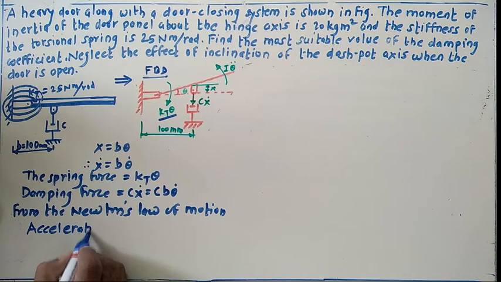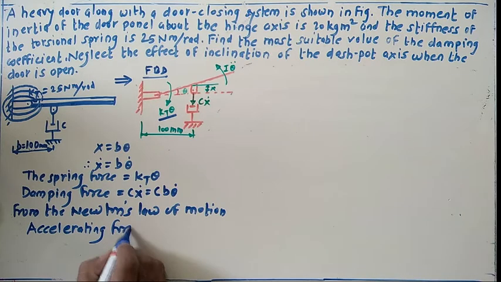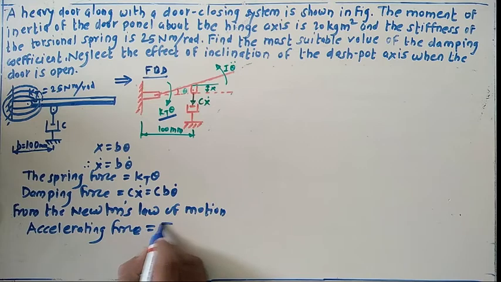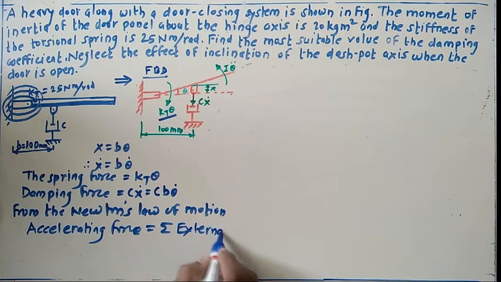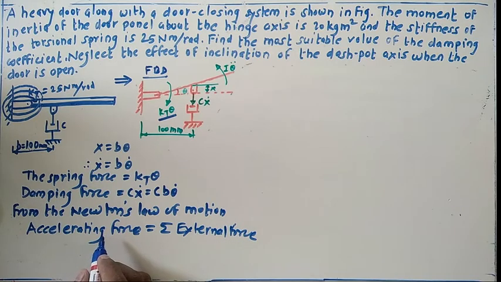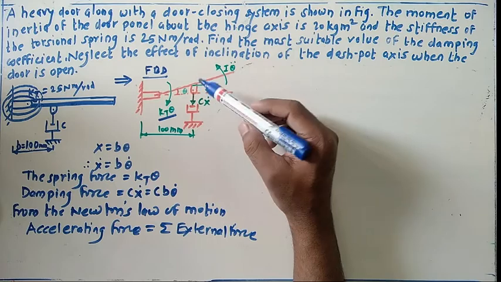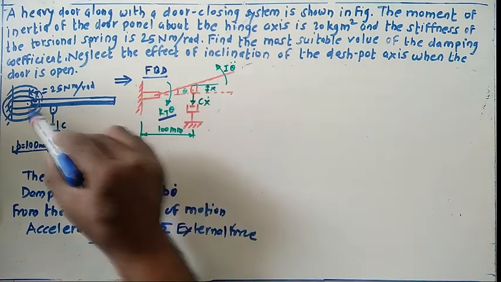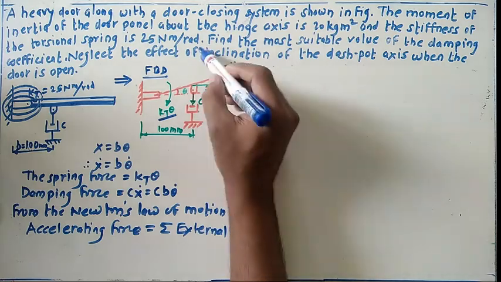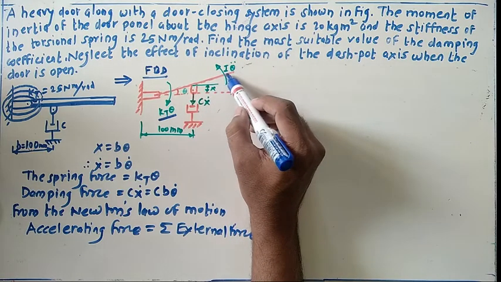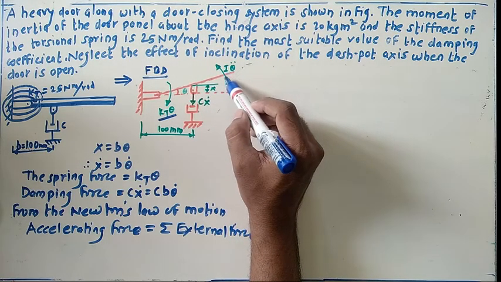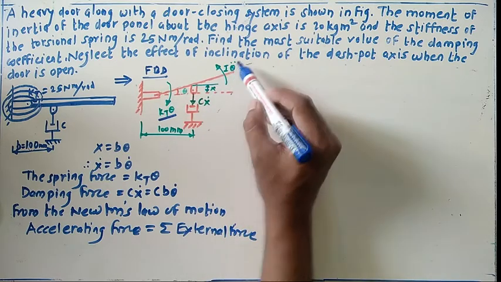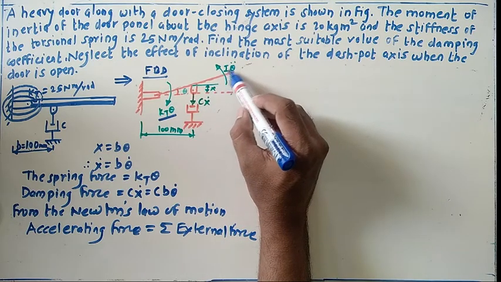Accelerating force equals summation of external forces. So in this case, just focus on the various forces. When the system or this door is displaced in upward direction, the accelerating force comes in the direction of the motion of this door. So the magnitude for this is I into theta double dot.